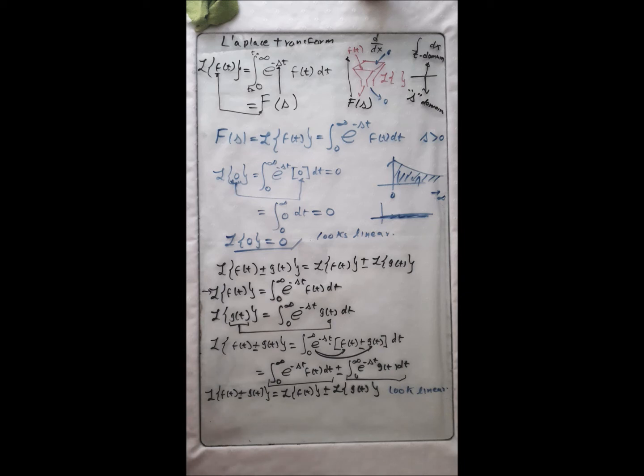The constant, you can take it outside, so the Laplace transform of k f of t, k being a constant. By definition, this is going to be the integral from 0 to infinity of e to the minus st, times k f of t, dt. Now, because here you have multiplication, this k can be taken outside. This k is not dependent on the t, so the k can be taken outside of the integral.